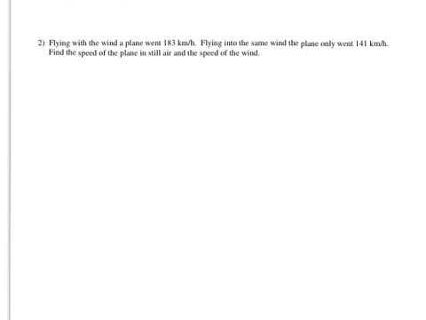Flying with the wind, a plane went 183 kilometers per hour, so this is the rate. Flying into the same wind, the plane only went, so this is rate 1, this is rate 2, 141 kilometers per hour.